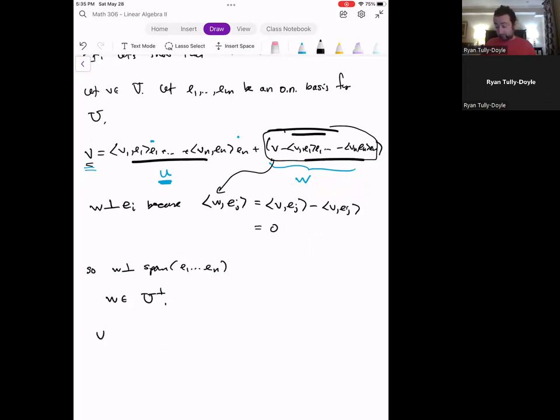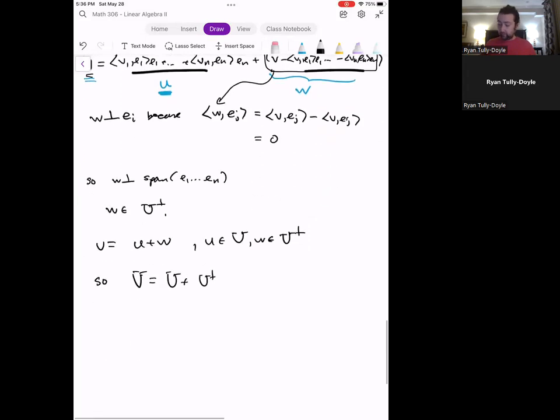So what we've shown is V is equal to u plus w, where u is in capital U and w is in U perp, and so big V is equal to U plus U perp. And then the theorem before says that a space and its orthogonal complement intersect trivially.